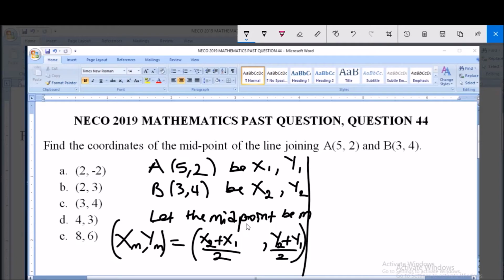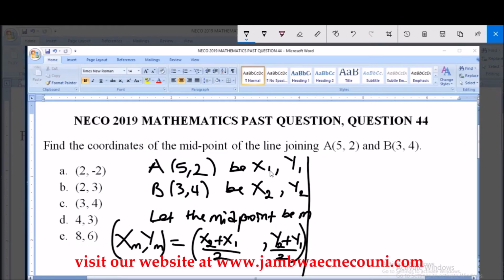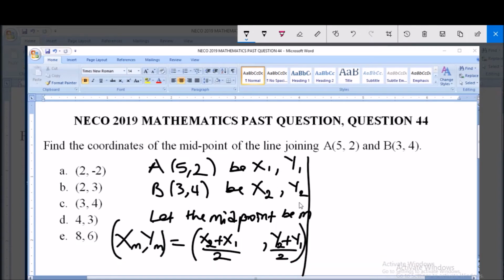So this is the formula for finding the coordinates of the midpoint M. You can see that x1 is a coordinate of A, and y1 is also a coordinate of A, x2 is a coordinate of B, and y2 is also a coordinate of B.